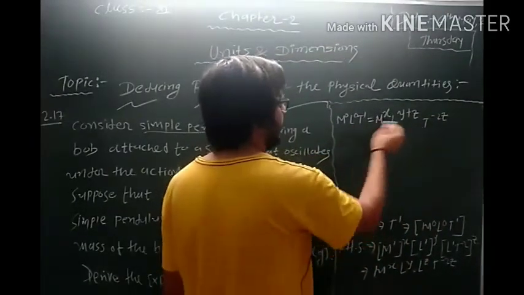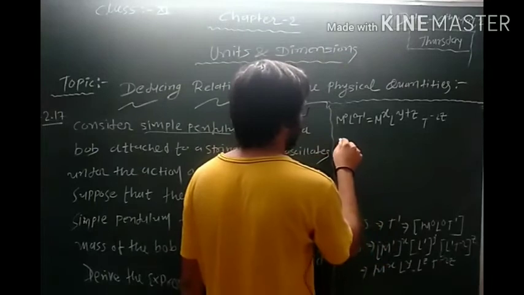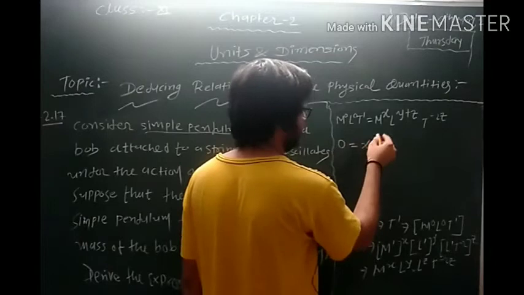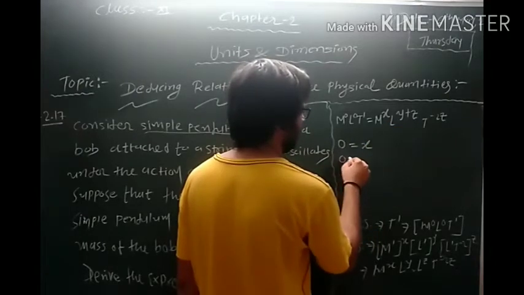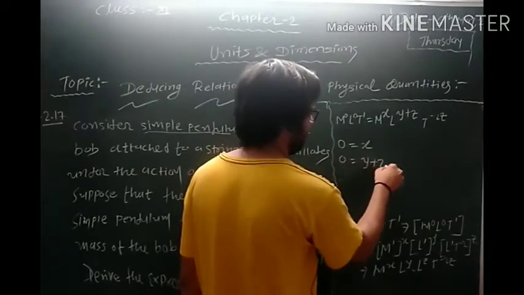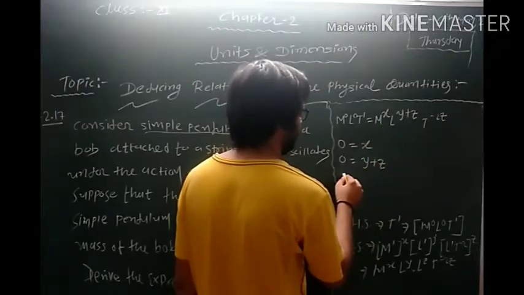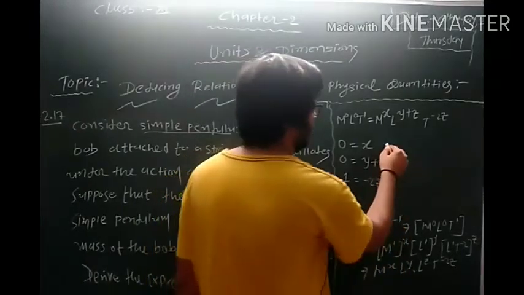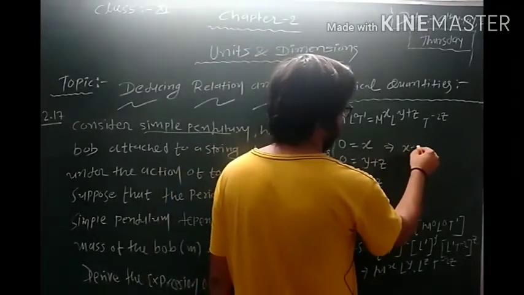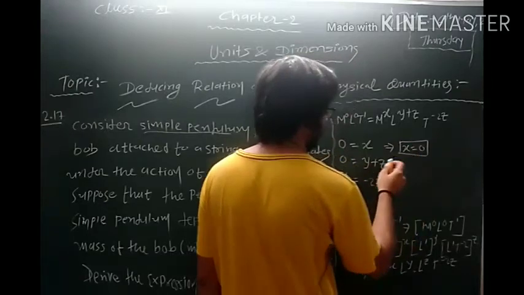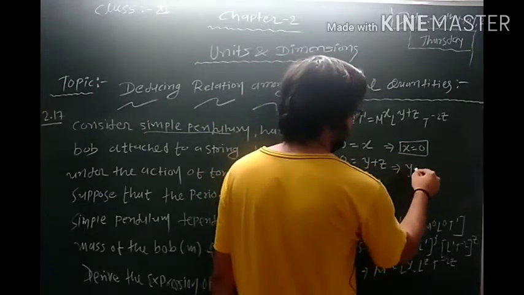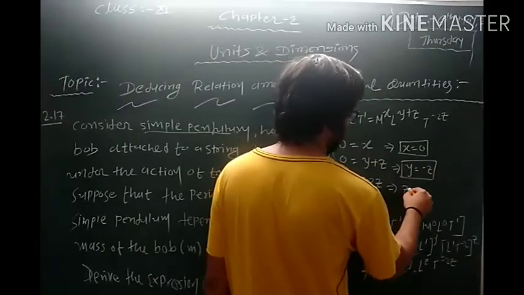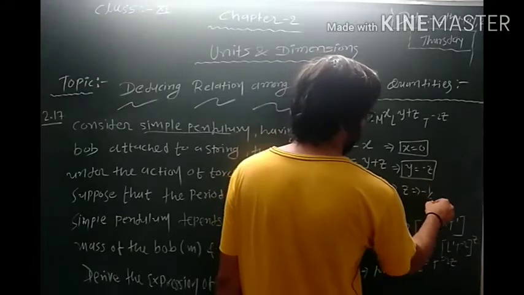Now compare both sides. So 0 is equal to x, 0 is equal to y plus z, and 1 is equal to minus 2z. From the first equation we get x equals 0, from the second we get y equals minus z, and from the third we get z equals minus 1 by 2.